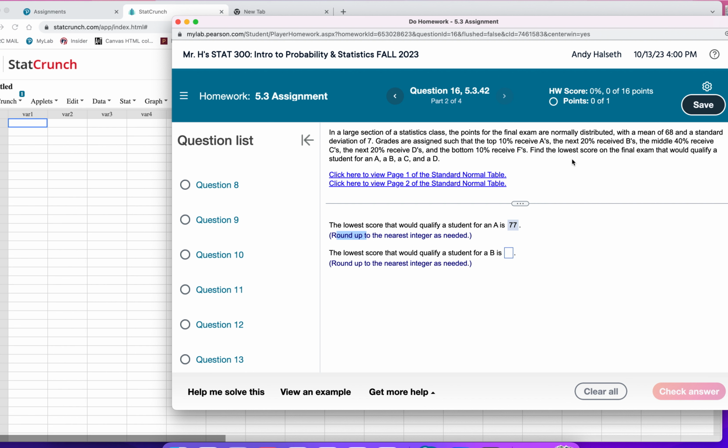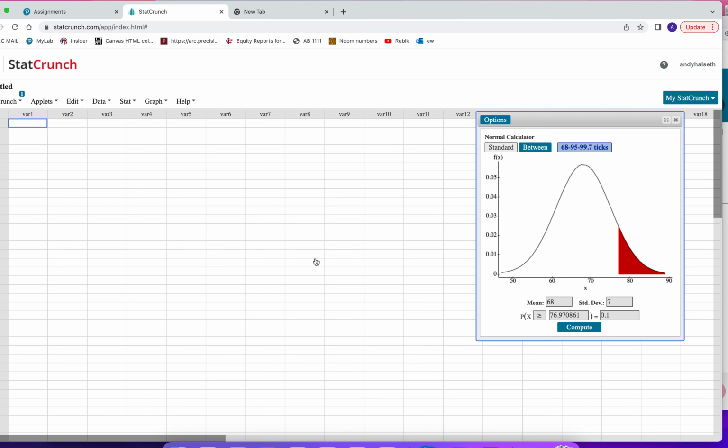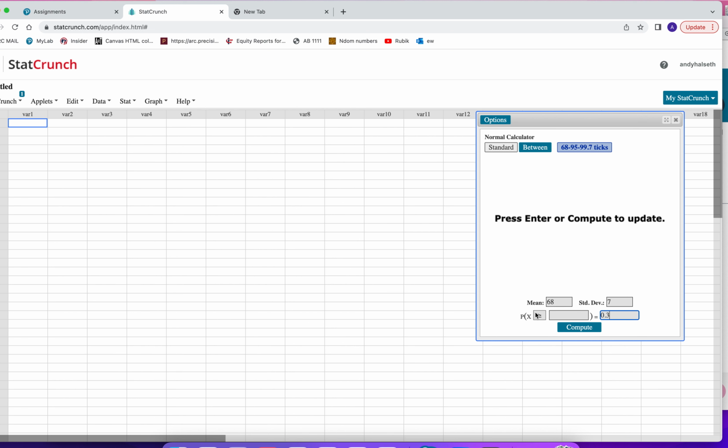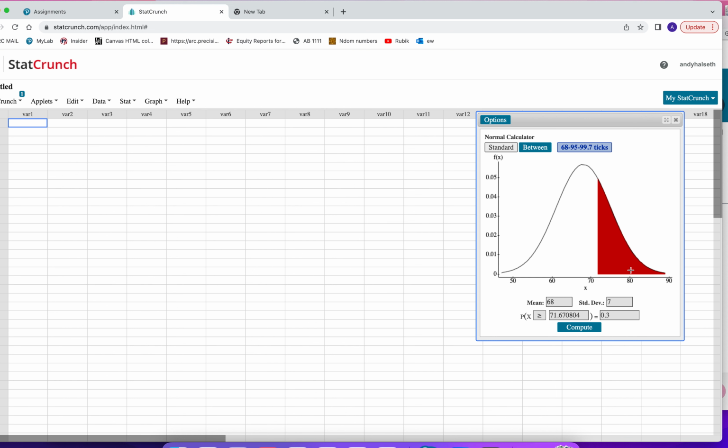So if we keep going, the next 20% receive B's. If you think about that, the next 20 also includes that original 10, right? So I'm actually going to think of it as 10% plus 20% or 30, right? So the top 30%, the borderline there would be the B. So I'm going to go into my graph, put in top 30 greater than, and that will give me that position.